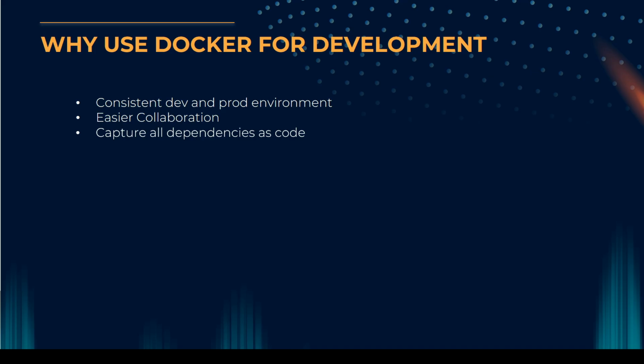This again helps with easier collaboration. For example, you can define all of your Python requirements within your project, and you can also include all of the operating system level dependencies in your Dockerfile. I'll be showing you how to do this as we move through the course.